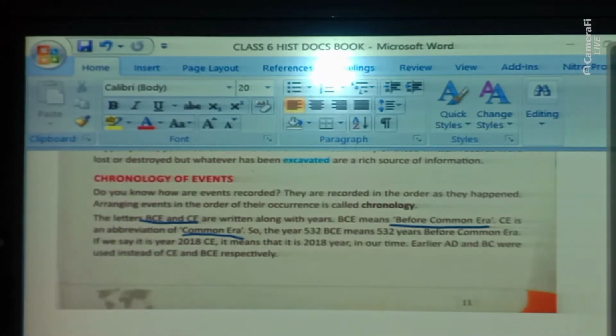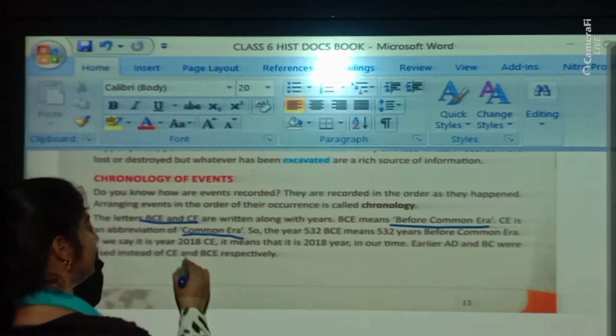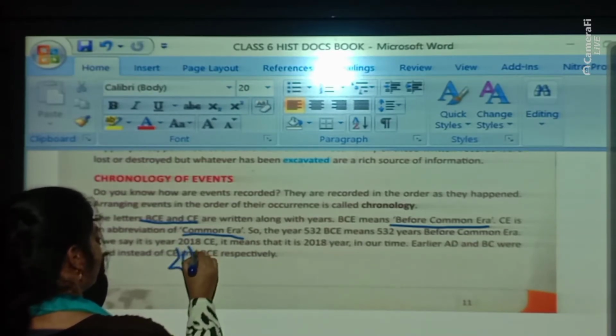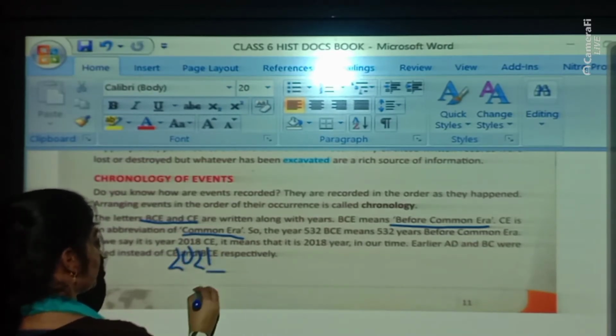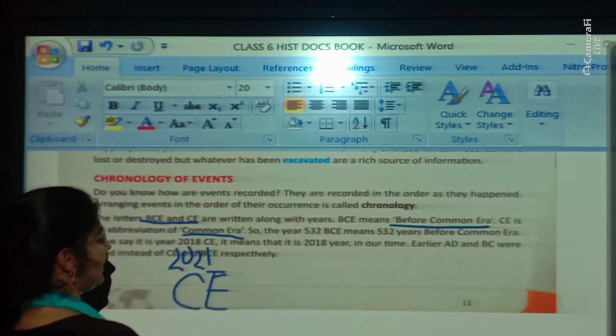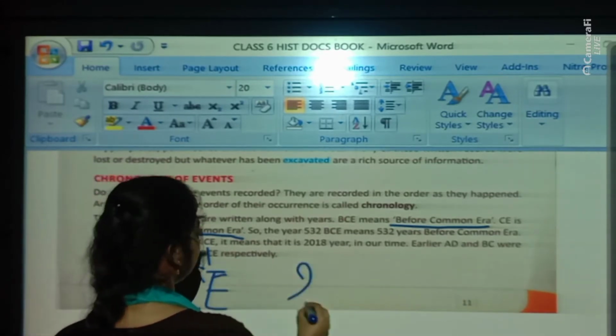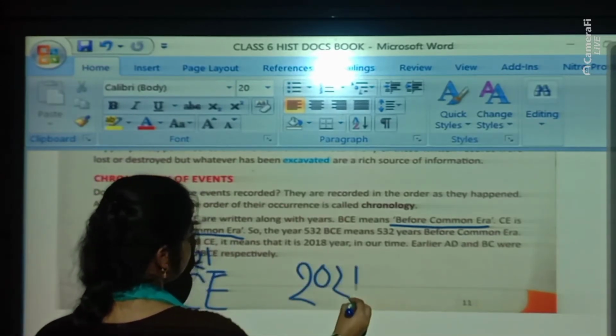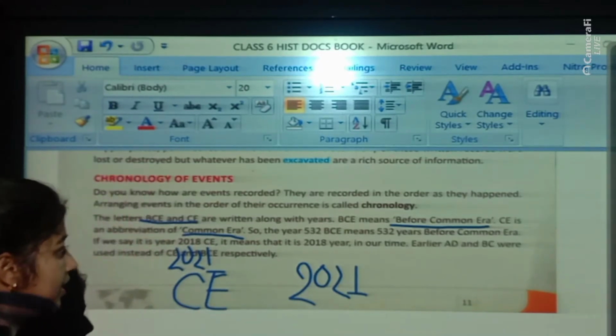If we say it is the year 2021 CE, it means 2021 of the common era, in our time.